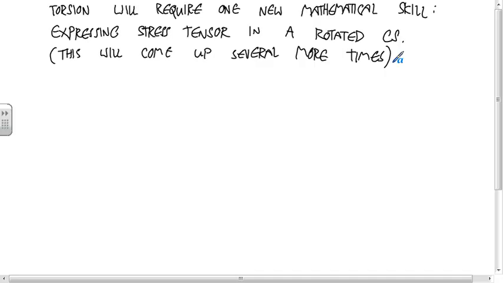So notice that this is just sort of the tensor version of expressing a vector in a new coordinate system. So in some way you'd expect it to be the same, and they are really similar.